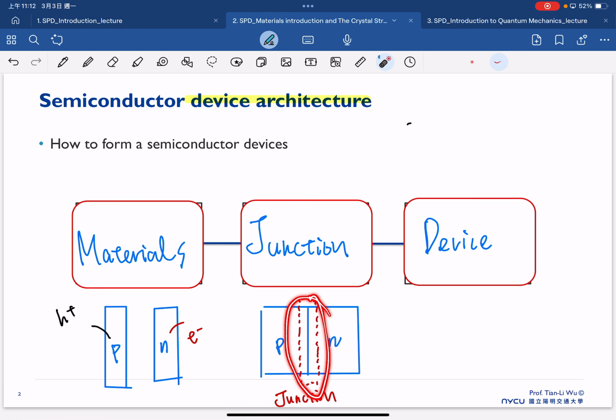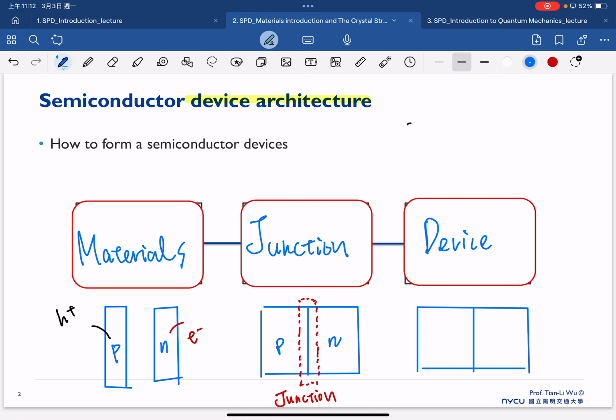And once we understand the junction, finally, we can consider the whole device, which is the overall of these 2 different materials. That's what we call a device here.